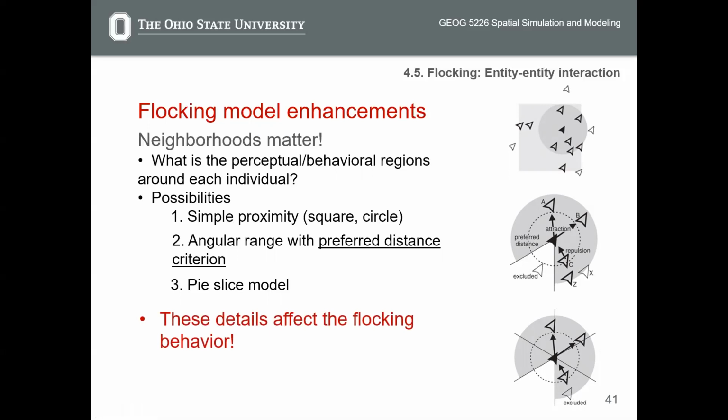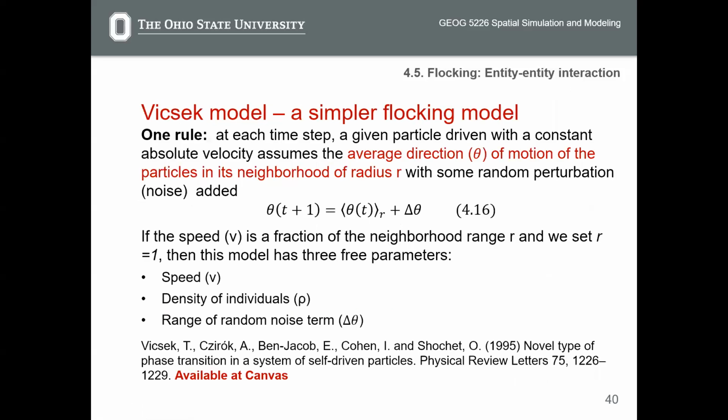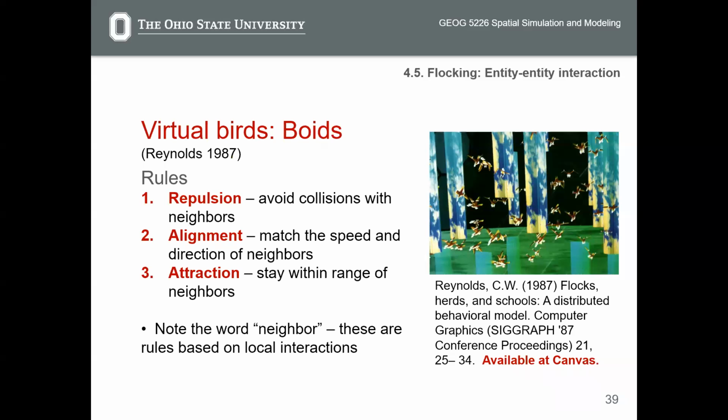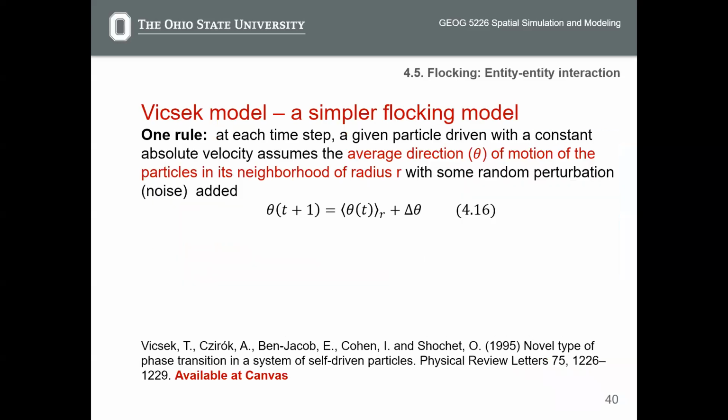And these details on the definition of neighborhood affect the flocking behavior, because like I said, all these simple rules, repulsion, alignment, attraction, and also this simple mathematical formula to address the direction and the speed of the bird, they are all based on the definition of neighborhood.